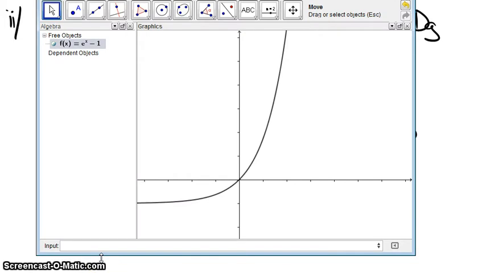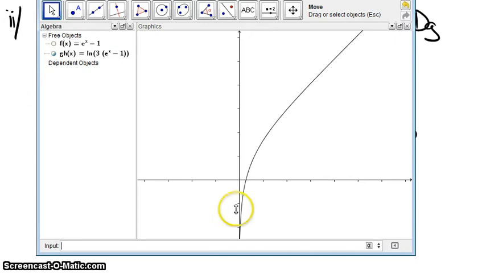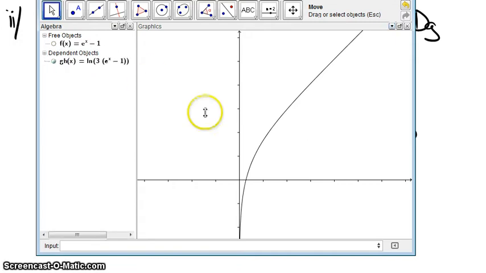I want to call this gh of x, and this is equal to ln of 3 times e to the power of x minus 1. And sorry, I should also put a restriction on that, my bad: if x is bigger than 0. So this is how I'd put a restriction on it. And it actually didn't matter in the end.